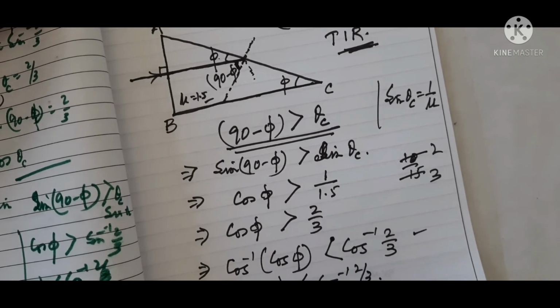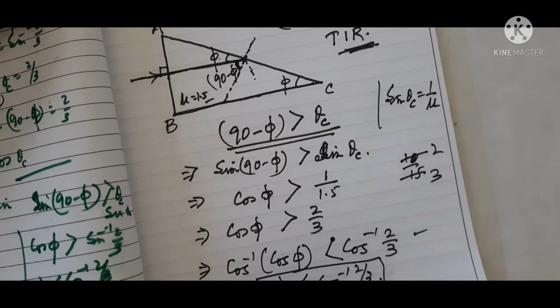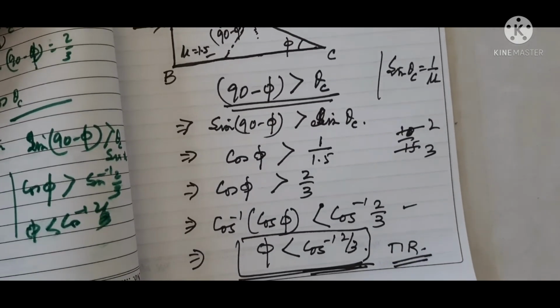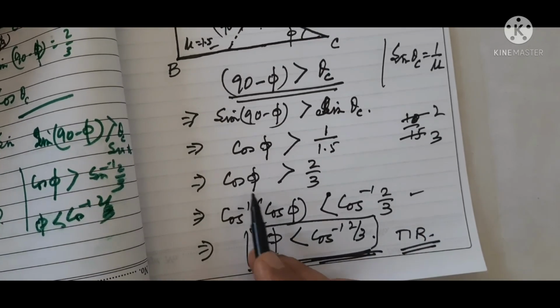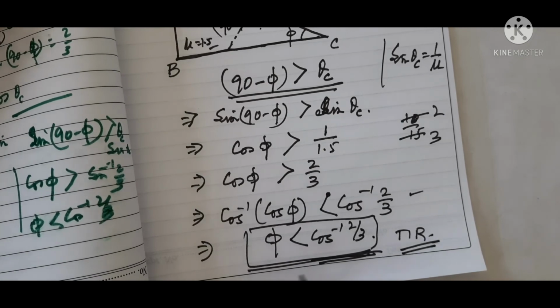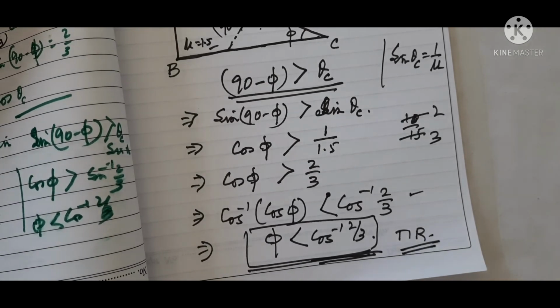That should be the maximum value for phi for TIR to occur. TIR के लिए ये मैक्सिमम वैल्यू होगा, राइट. तो cos इनवर्स हम इधर ले लिए, then it is like that. Inequality changes, right?